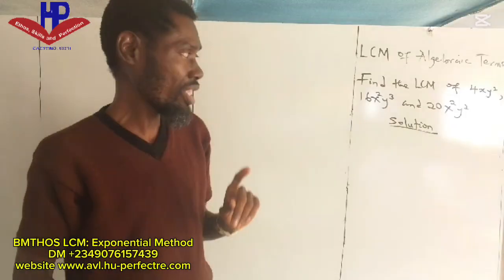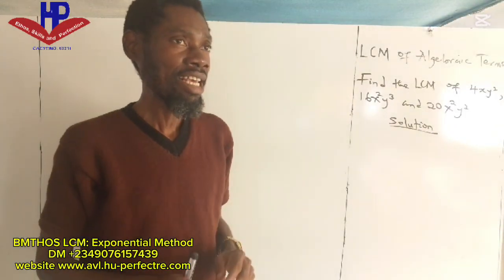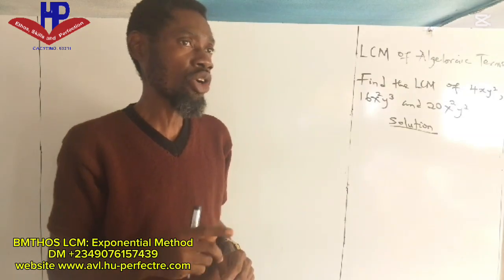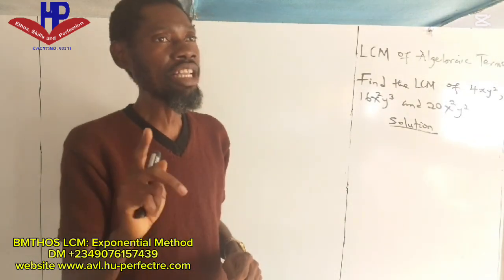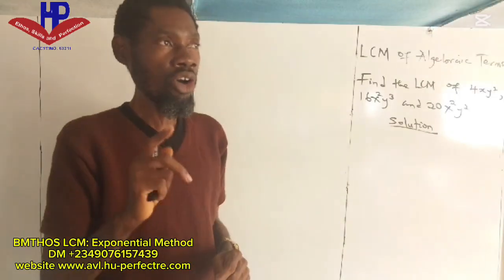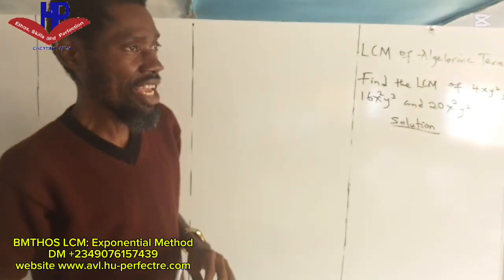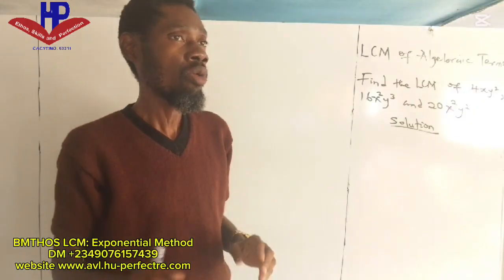I will start with the tabular method, but remember, in LCM I said if there's no number or factor that will divide all the multiples you're dealing with, then each of the numbers will divide itself. Unlike HCF, where if there's no number to divide all, we'll stop.